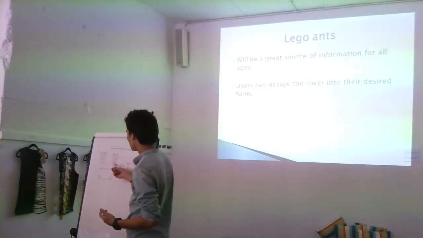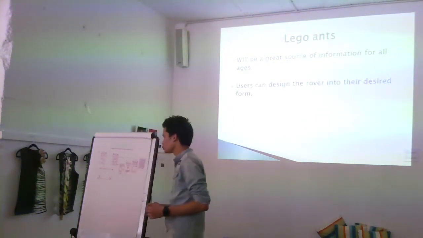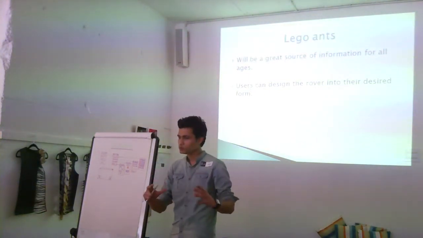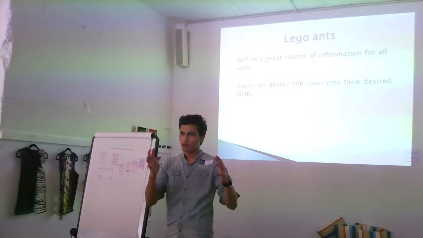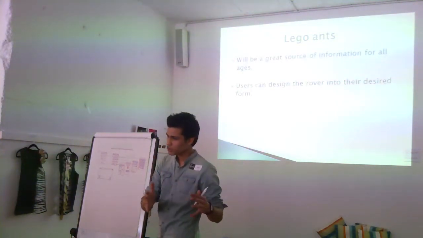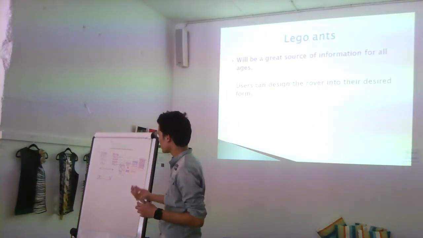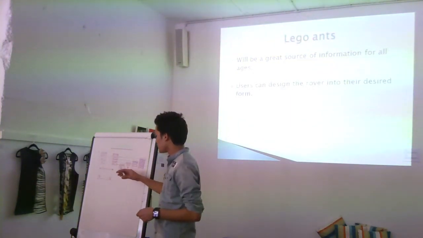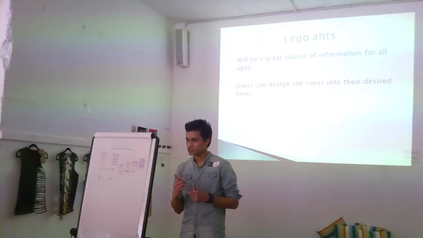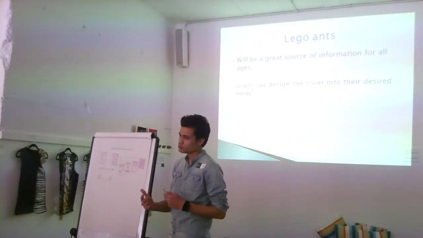The third one is recognition. Suppose I take a picture of some permanent object. I can enter the image into the application, and when I hit search, the Lego rover starts searching for the object.